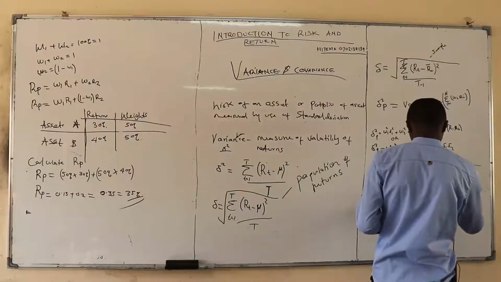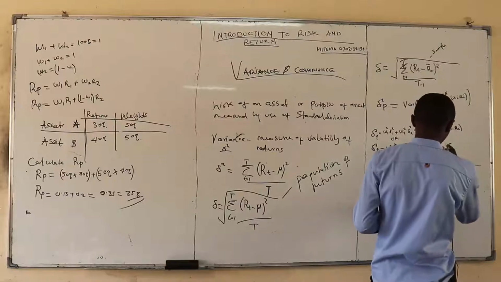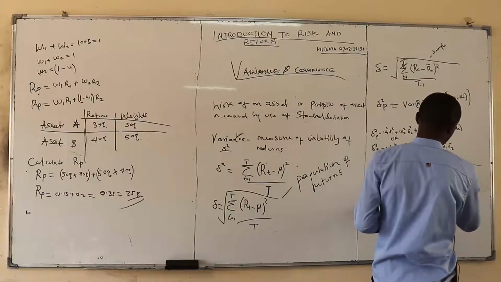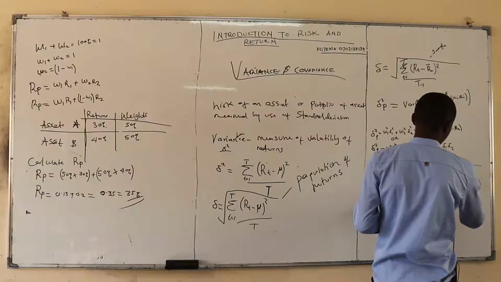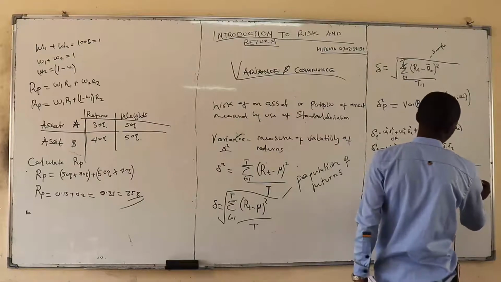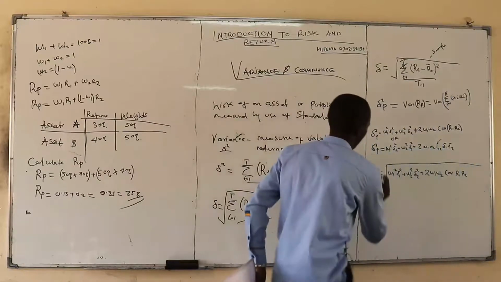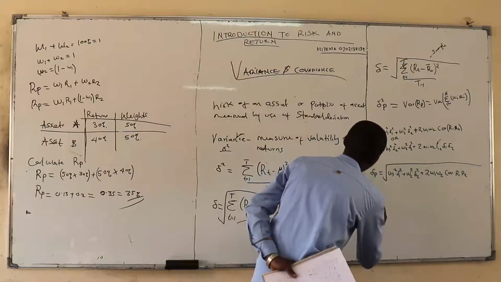Then it is the covariance of the first and the second return, which can also be expressed in the second expression.